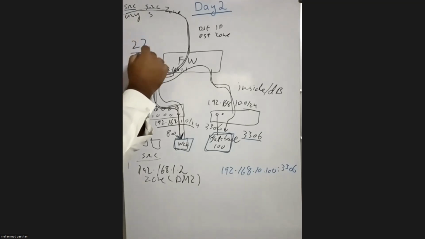And mostly in all organizations, very few take care of it. The services are running on the default port. Like to access a Linux machine, we use port 22. It means you have opened the whole world to connect to any machine in your network on port 22, because port 22 is included in any.